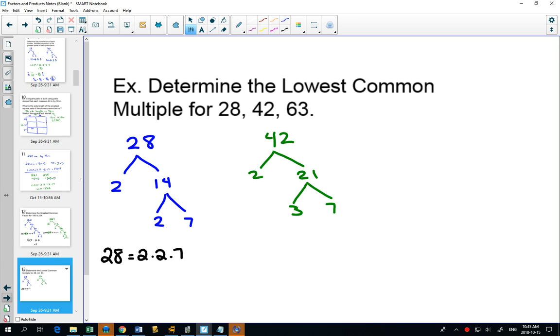Those are all prime numbers. So 42 is equal to 2 times 3 times 7. And finally, 63. 63 is what times what? 7 times 9. 7 is a prime number. 9 is 3 times 3.